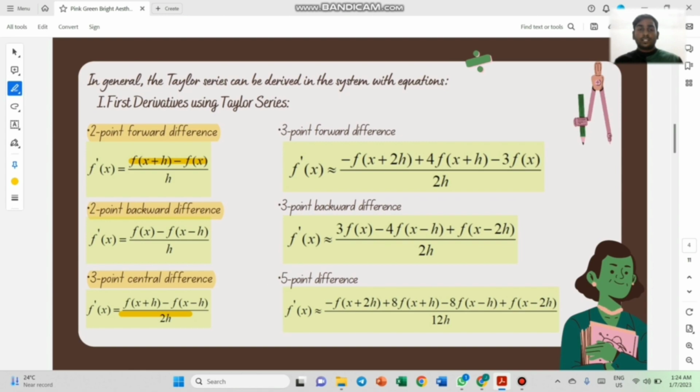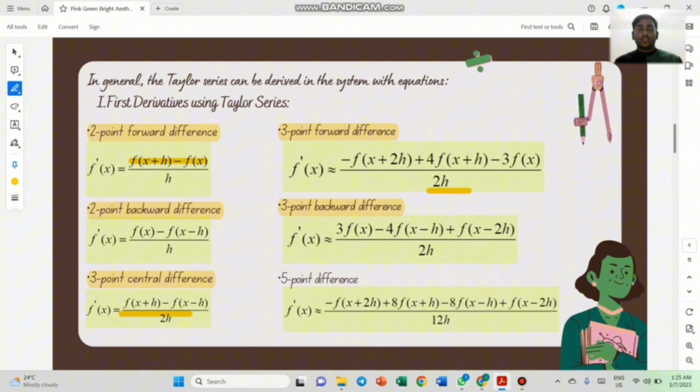And the next equation is the 3-point forward difference: f'(x) equals negative f(x plus 2h) plus 4f(x plus h) minus 3f(x) over 2h. Then the fourth equation is the 3-point backward difference: f'(x) equals 3f(x) minus 4f(x minus h) plus f(x minus 2h) over 2h.